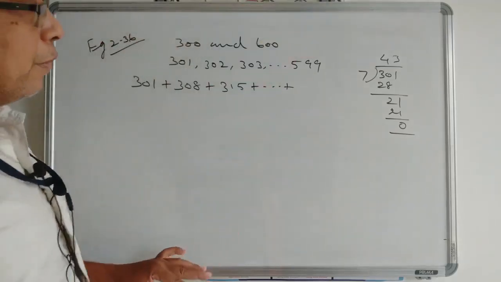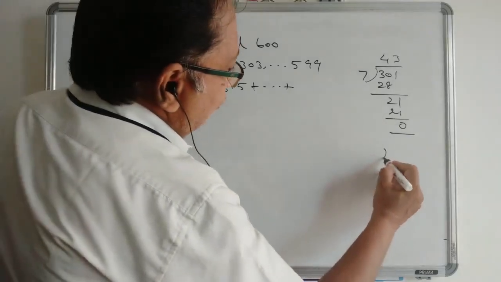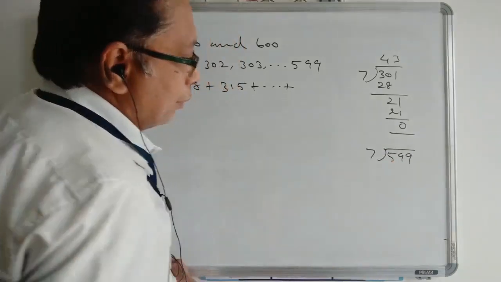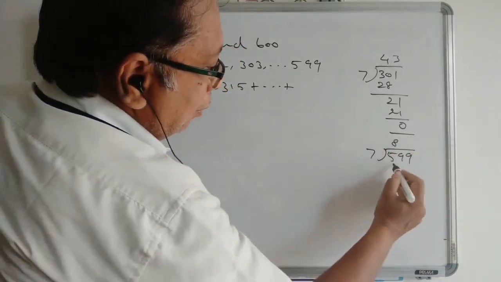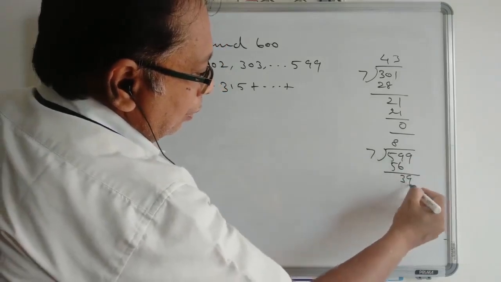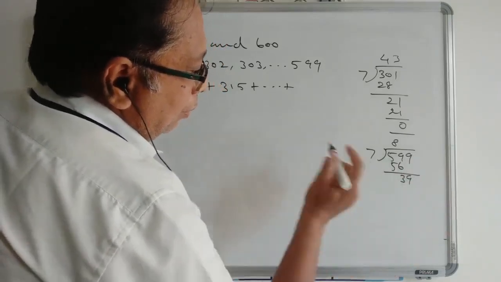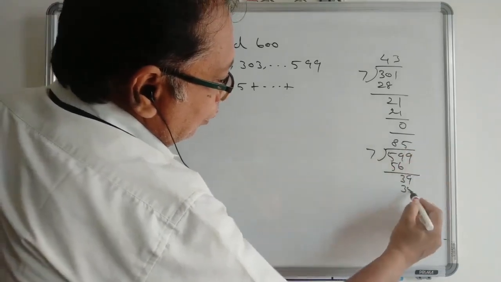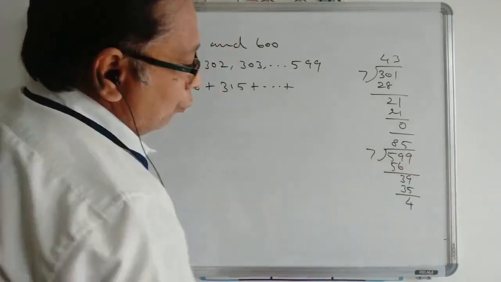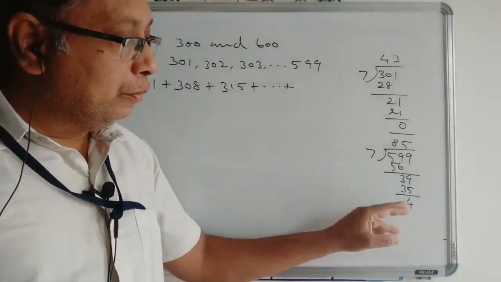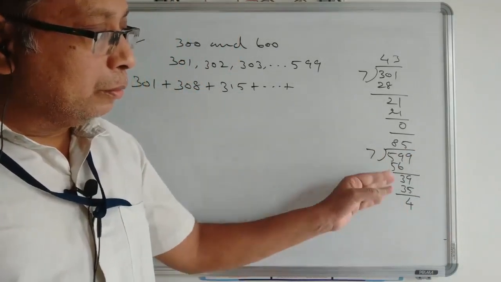Next we find the last number divisible by 7. Take 599 and divide it by 7. 8 7s are 56, remainder 3, then 39, 5 7s are 35, remainder 4. Now you see the remainder is 4.